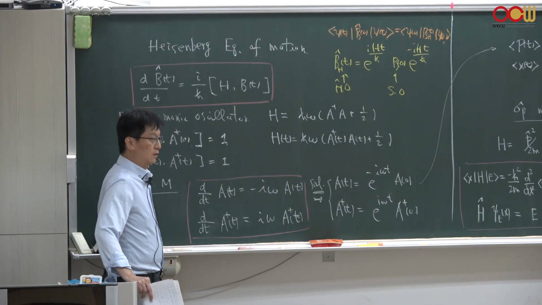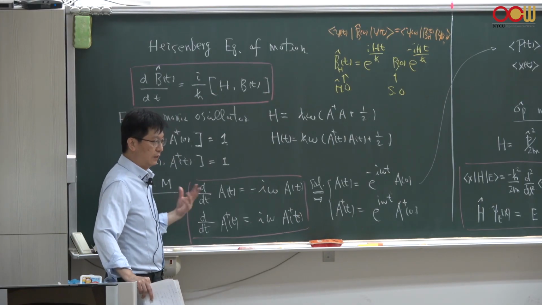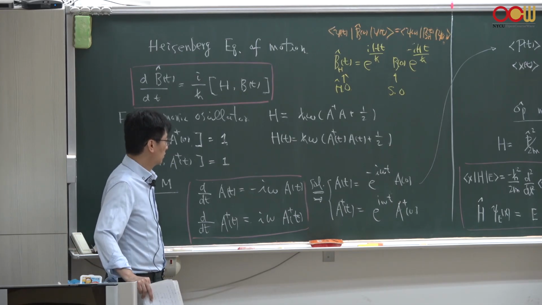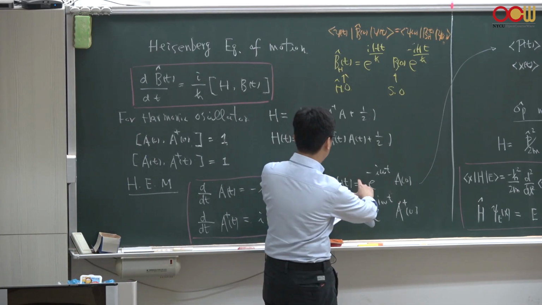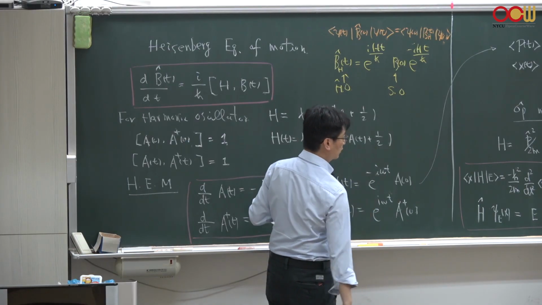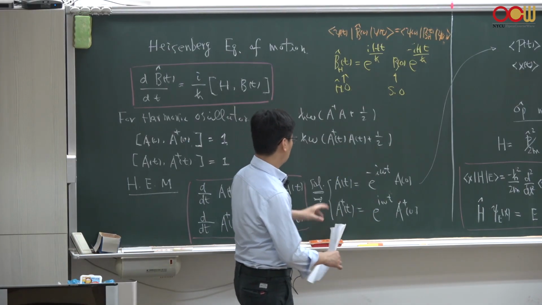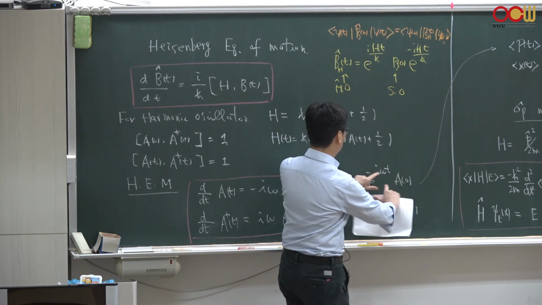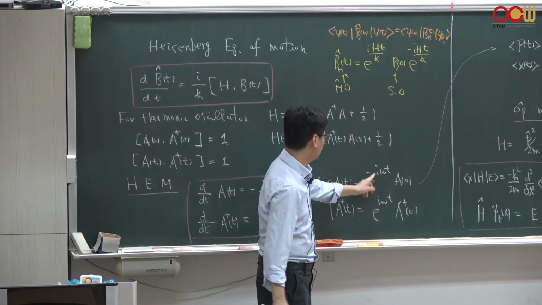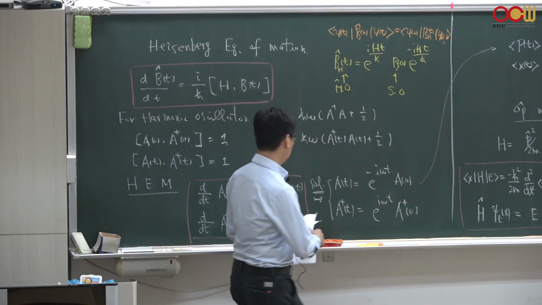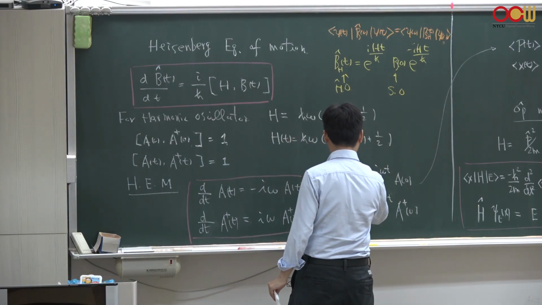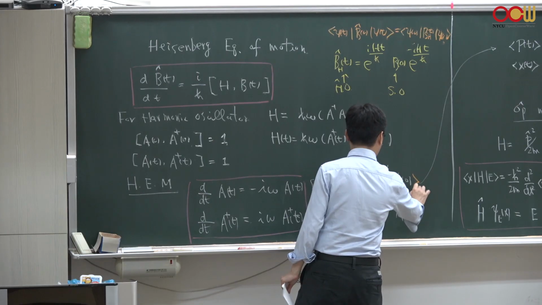Now things become very easy to solve because you could simply take the expectation value of A or A dagger as a function of t and put it on both sides of the equation. Since e to the plus or minus i omega t is just a number, you simply put the expectation value on the operator itself.